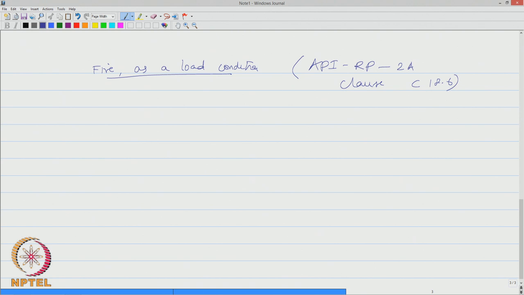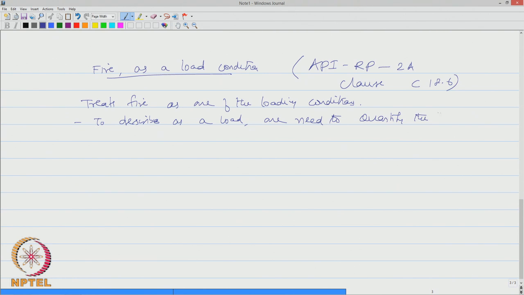International codal procedure treats fire as one of the loading conditions. So, to describe fire as a load, one needs to quantify the following.